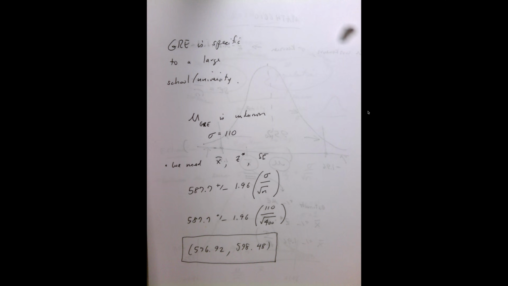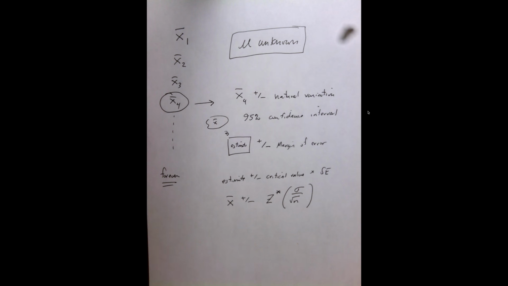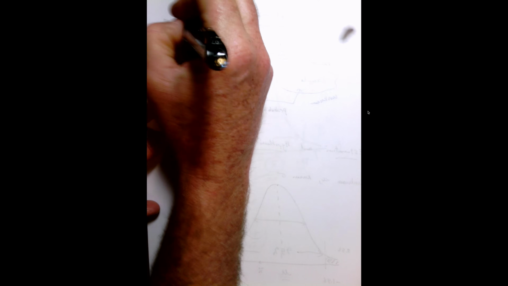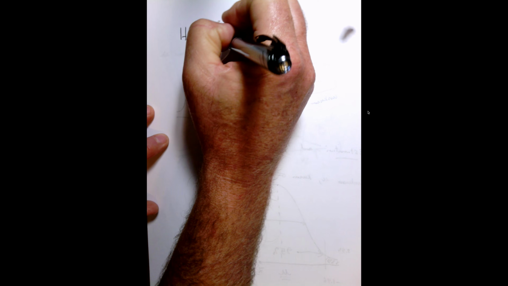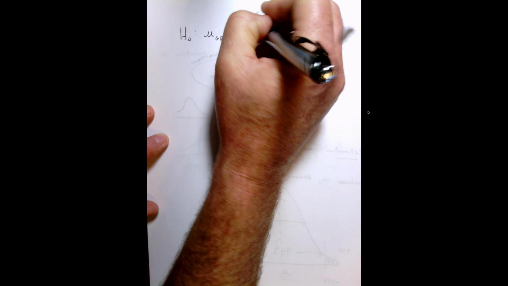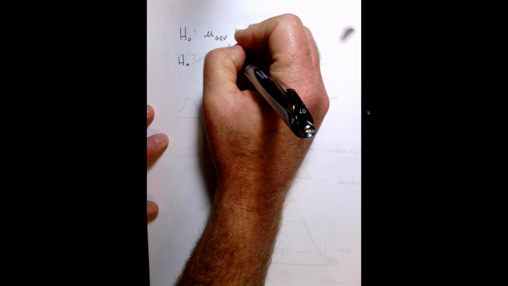All right. So let's circle back to the GRE. Let's say that we would like to test that the mean GRE is equal to 600 versus the mean GRE is not equal to 600.